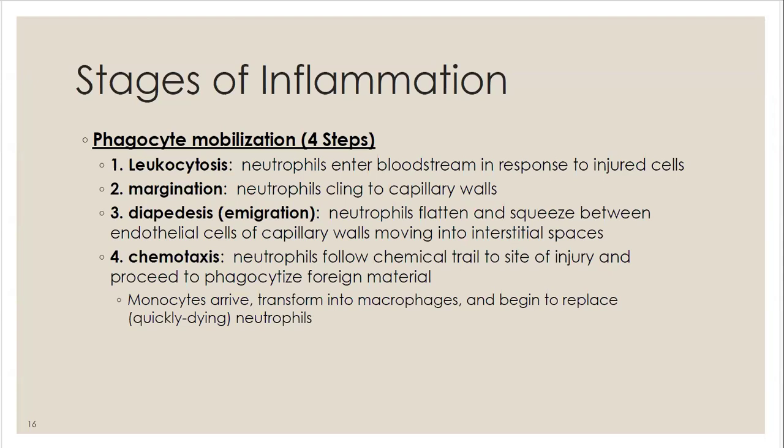Then you have margination, and that's when the neutrophils cling to the walls of the capillaries near the site of inflammation. Then you have your diapedesis, which is neutrophils that squeeze through capillary walls to enter into the affected area. And then you have chemotaxis, which is when neutrophils follow a chemical trail to the site of injury, where they can start to engulf and destroy those pathogens.